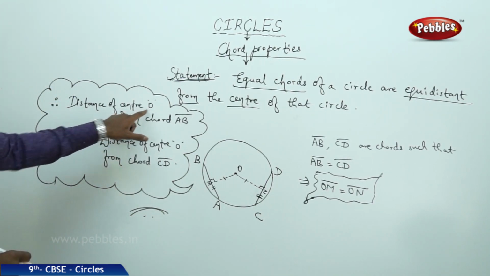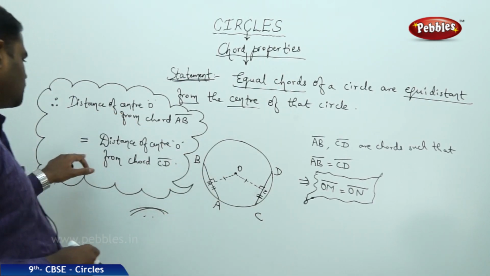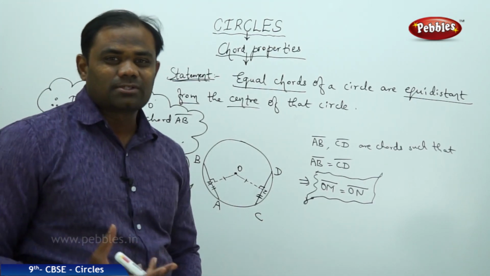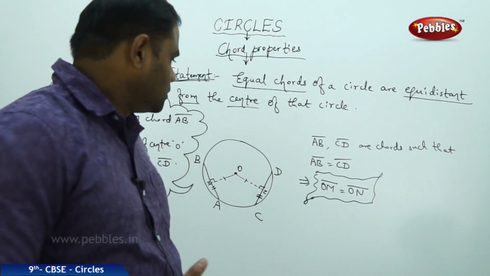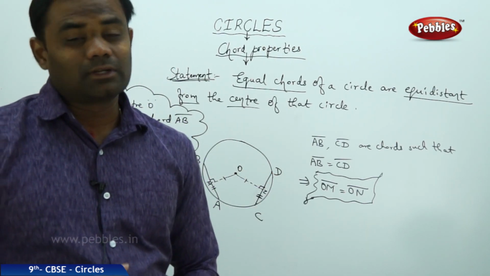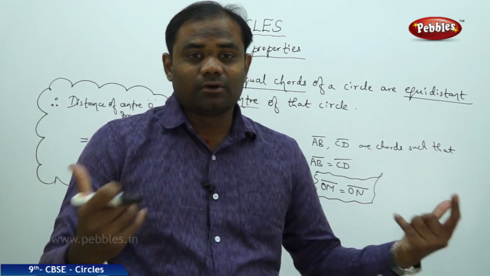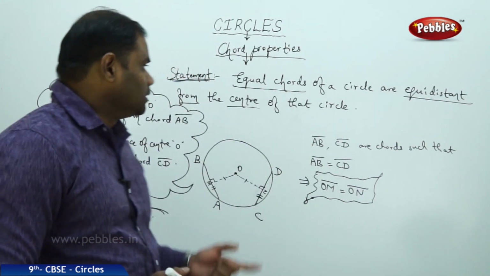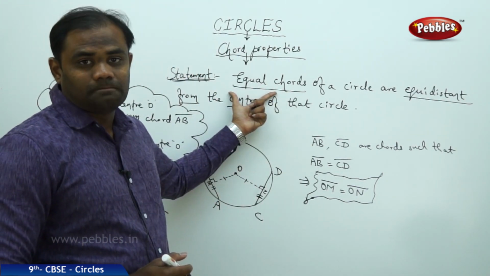The distance of the center from chord AB is equal to the distance of center O from chord CD, simply because the two chords are equal. AB equals CD. If the chords are not equal, then they won't be of equal distances. This property holds only when the chords are equal.